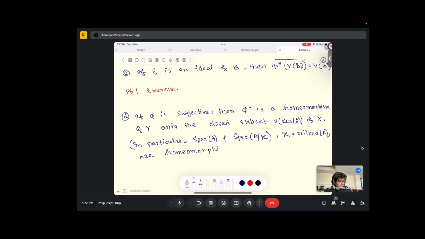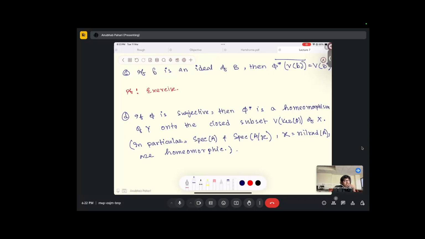So what you notice is that if phi is surjective, if you are given a surjective ring homomorphism, then you know that the image of a prime ideal is prime, right?